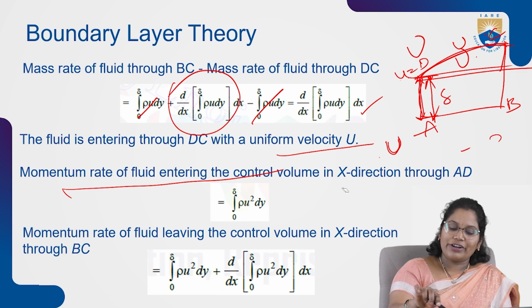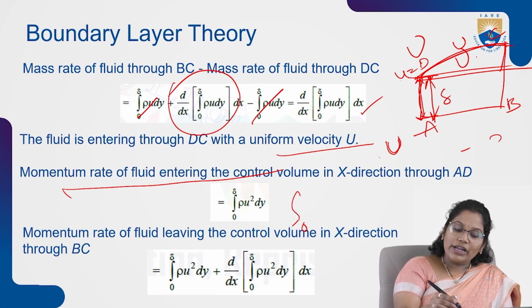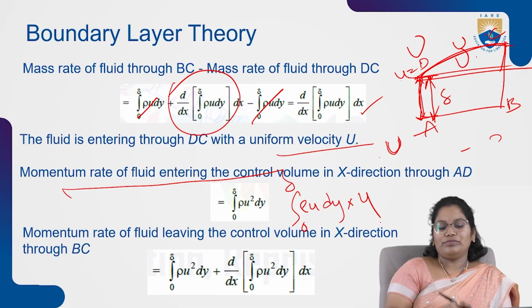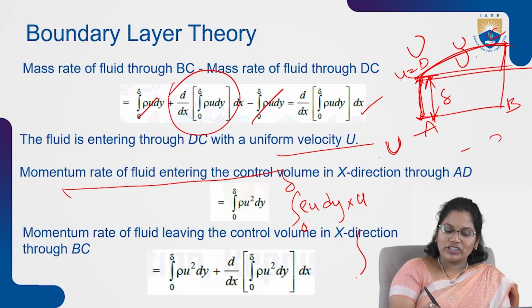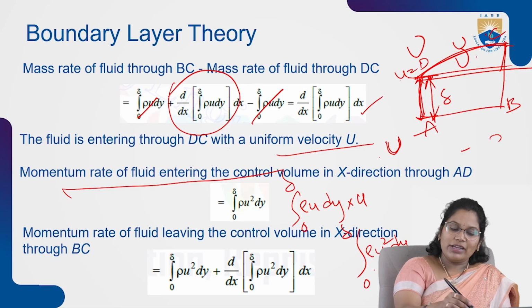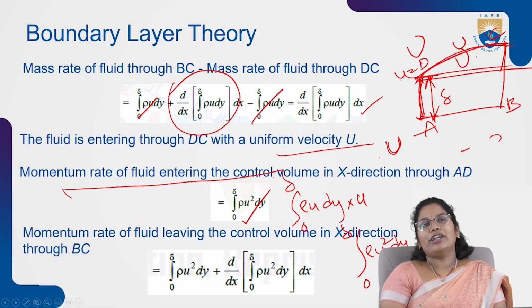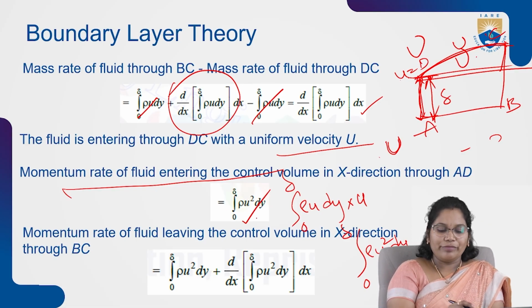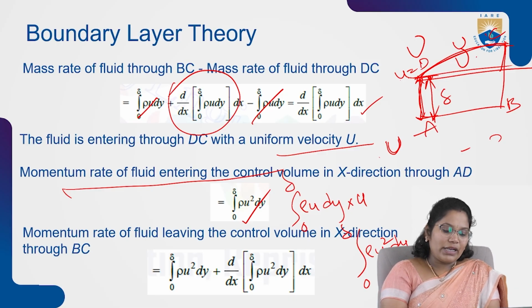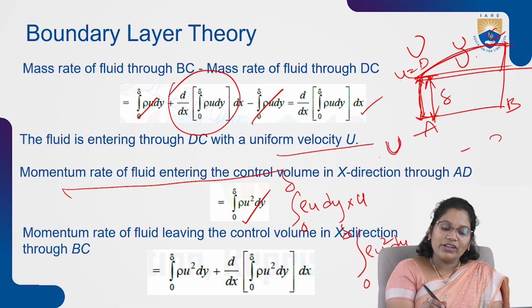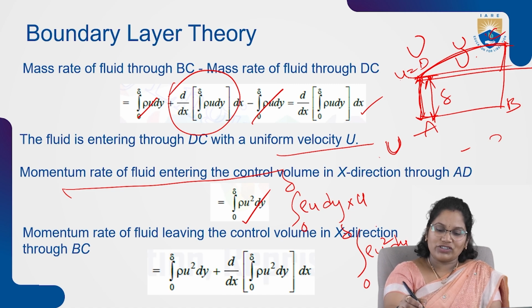We have already calculated the mass flow rate, the integration from 0 to delta of rho u dy, into small u, since it enters through AD. So the momentum equation is the integration from 0 to delta of rho u square dy. Now the momentum rate of fluid leaving the control volume in the x direction.